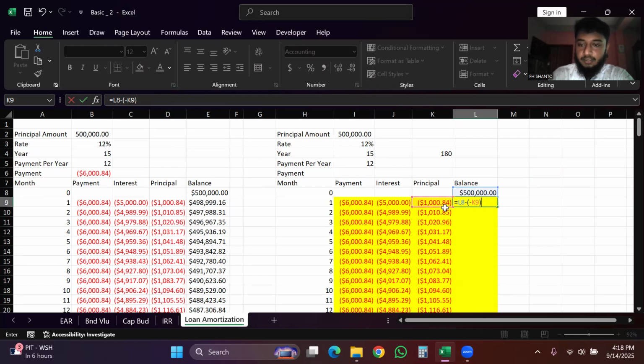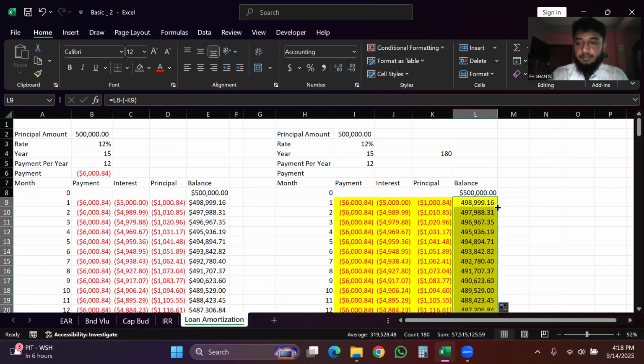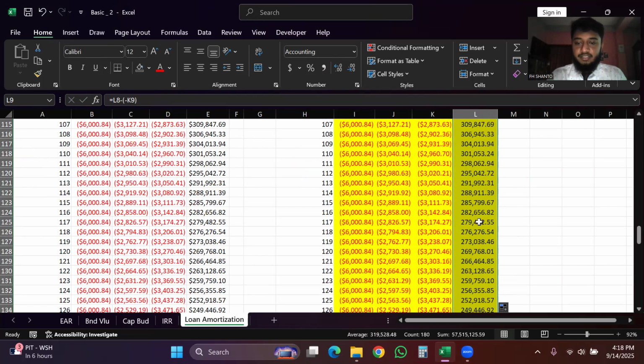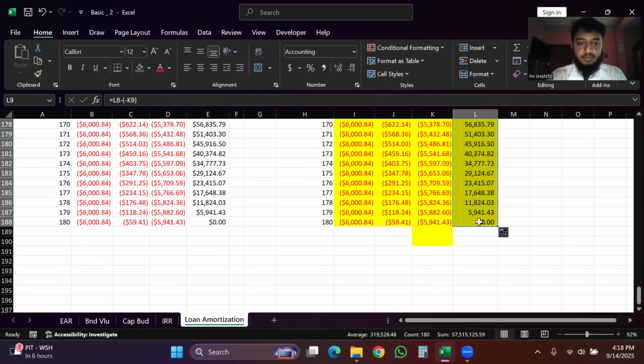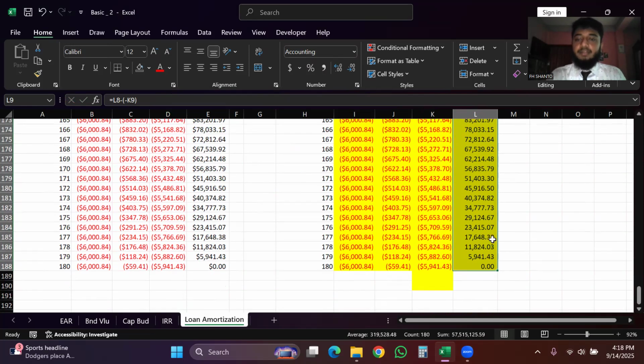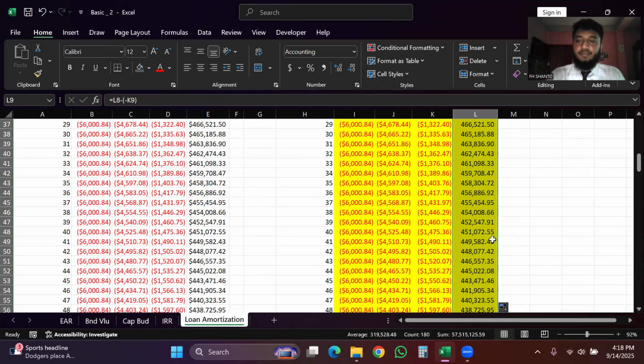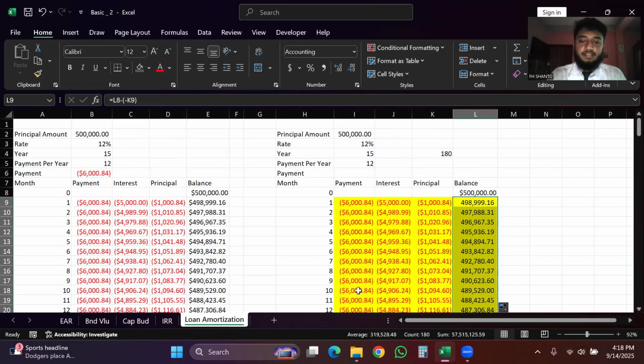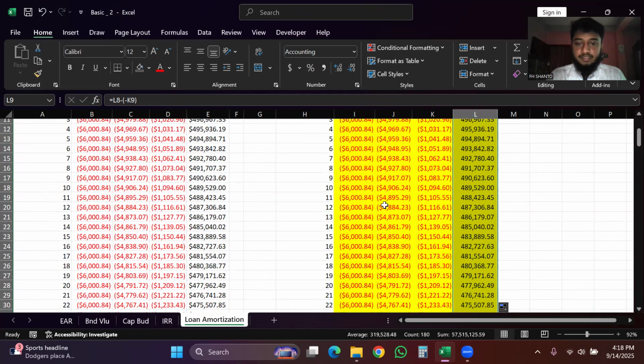Closing the bracket, press enter. You can see the value. You can see the different values for different months. Here you can see the value will be 0 at month 180. In this process, we can find out the loan amortization calculation. That is a very easy process.